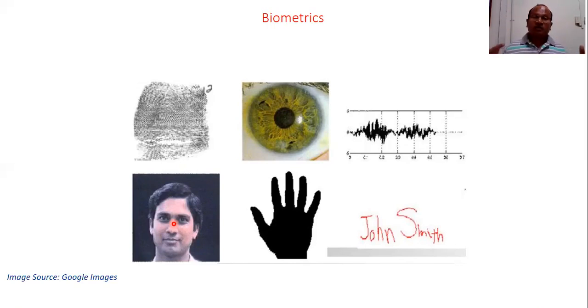Face itself is not going to be robust. If you capture my face and the amount of light, the pose, the illumination are not proper, then it is likely that the faces are not properly recognized.